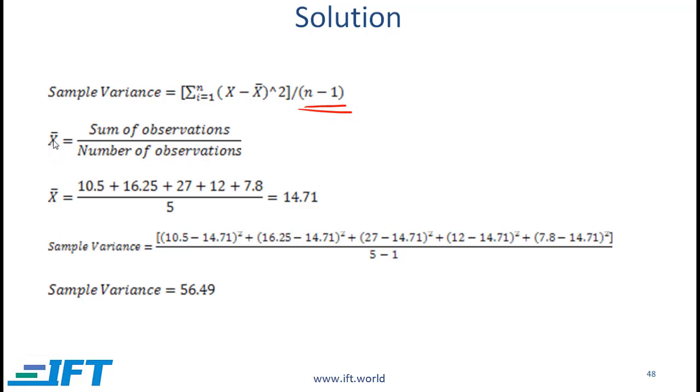X bar is the symbol that we use for a sample mean, which is 14.71. Then the variance is the deviations from the mean squared, added up across all data points, and then divided by n minus 1. The sample variance is 56.49, and if we want the standard deviation, that is equal to the square root of 56.49.